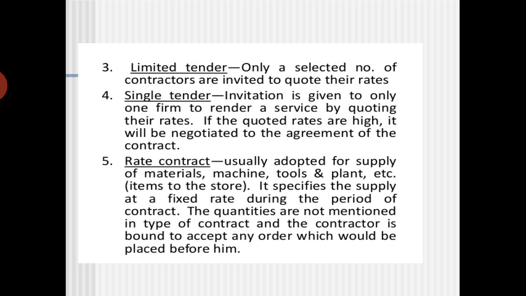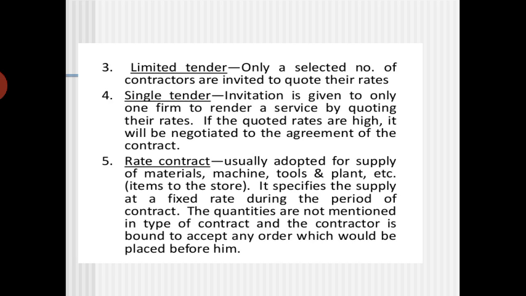Then the limited tender. In a limited tender, only a selected number of contractors are invited to quote their rates. For example, if the work is not of much importance, then a limited tender will be invited, and it is used for one or two members only.